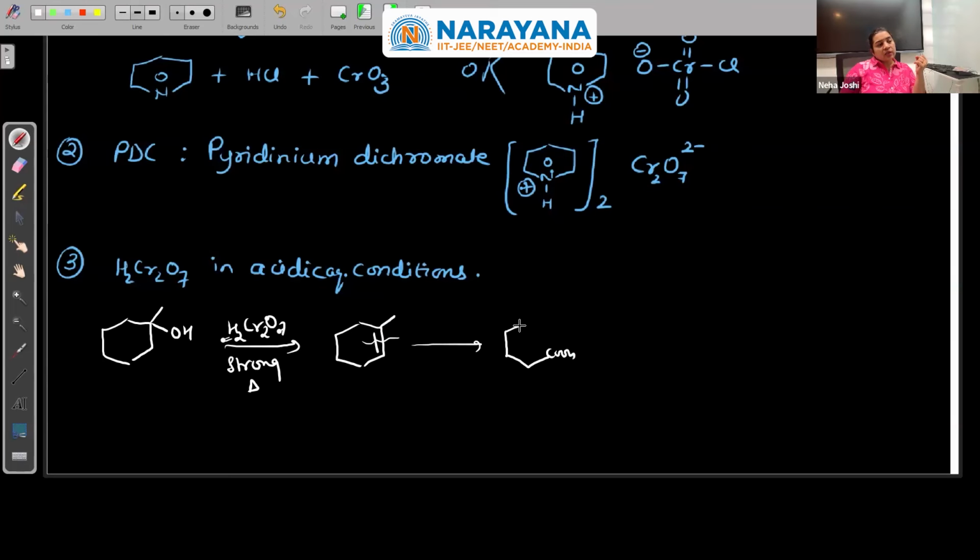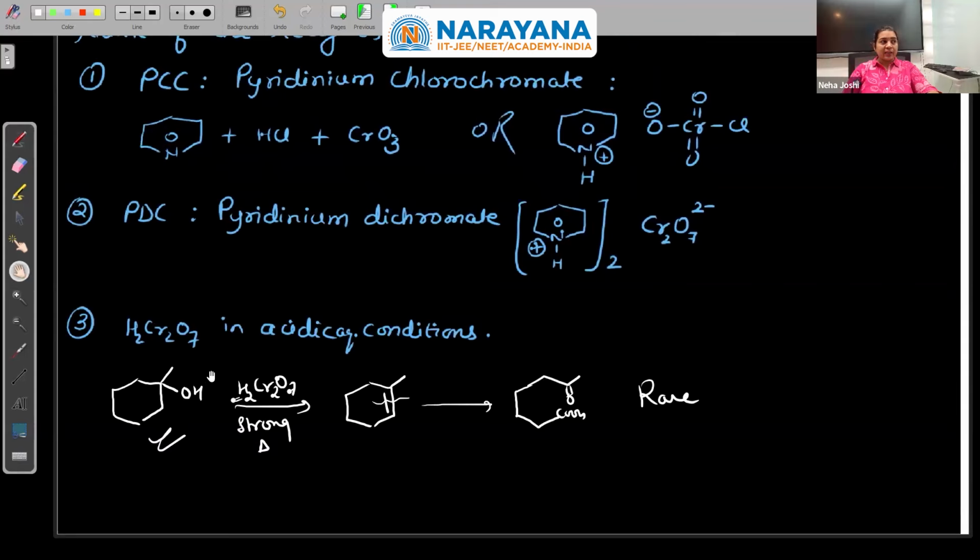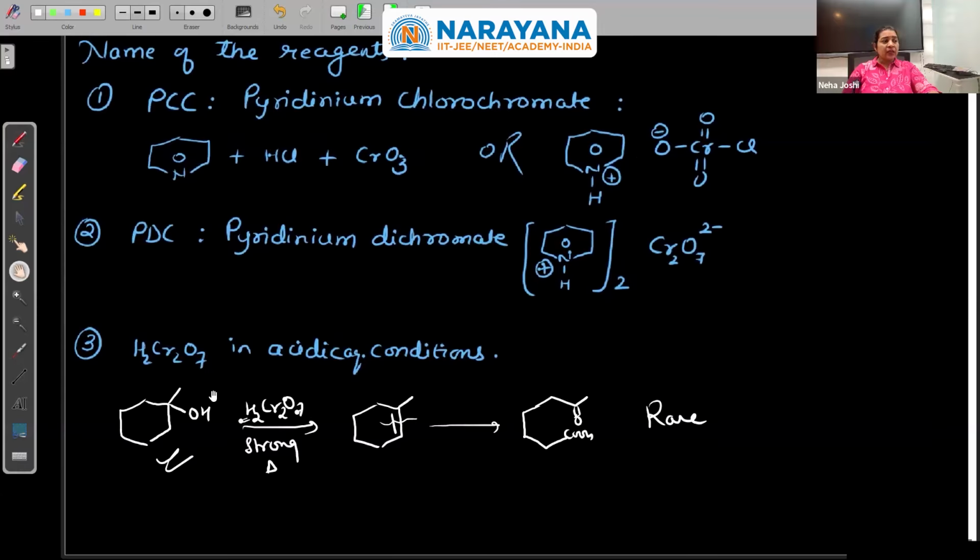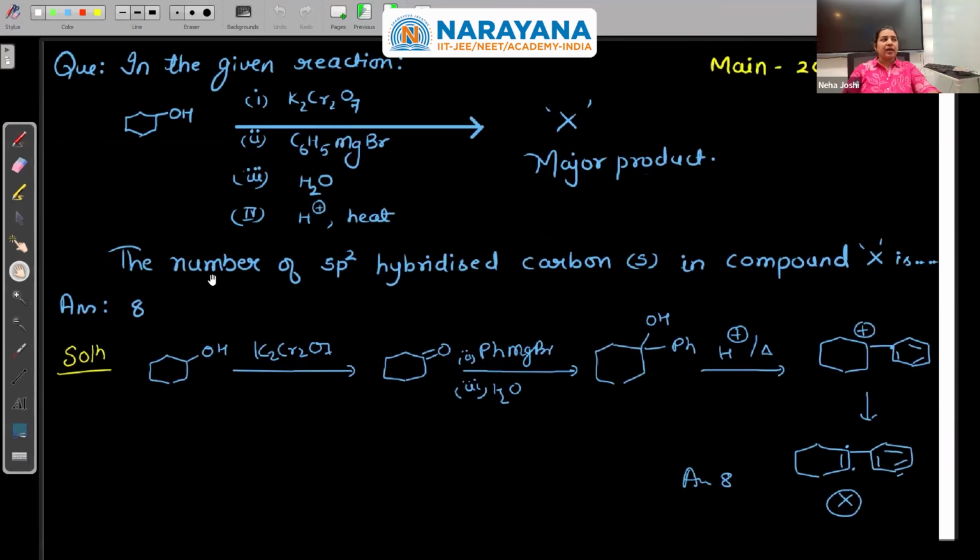Aldehyde I will take to acid, and like this. This is what they sometimes do, but not always. If ever in a question they do oxidation of 3 degree alcohol by a reagent, then check if the condition is acidic. Because in acidic conditions, they convert it to alkene and then do the oxidation. So that is not the oxidation of alcohol directly. So check in the question, if it seems to be happening, how it is happening.